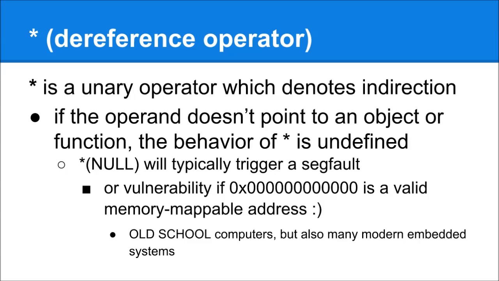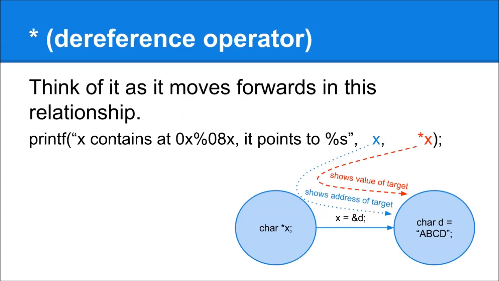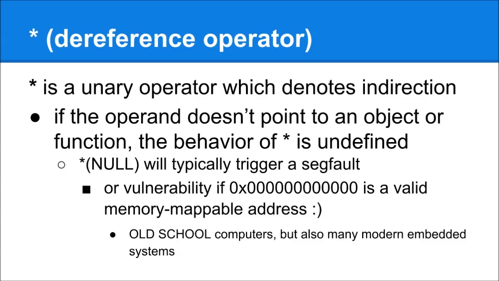So when you use it as an operator, not in declaration, it's a dereference operator, and it denotes indirection. So this is a better way to think of it. When you just use x as if it's declared as a pointer, it will show you the address of the target, but if you use the asterisk operator to dereference it, it will show you the value of the target, okay?